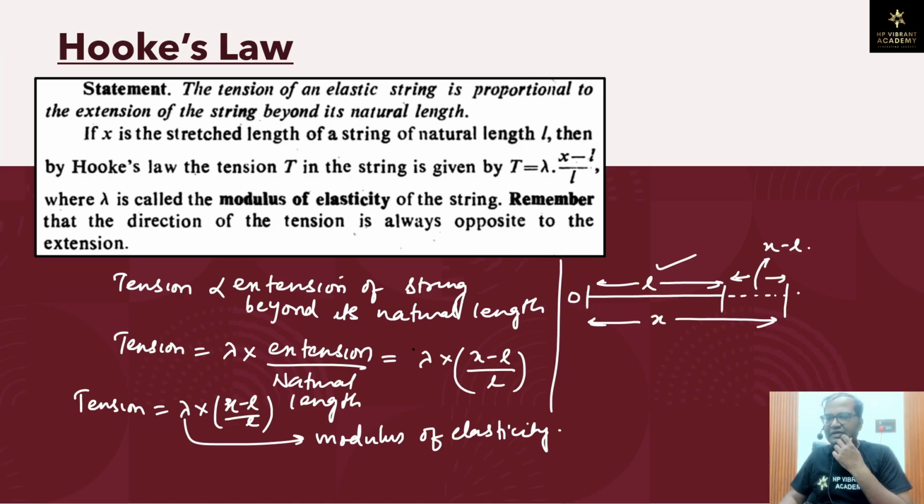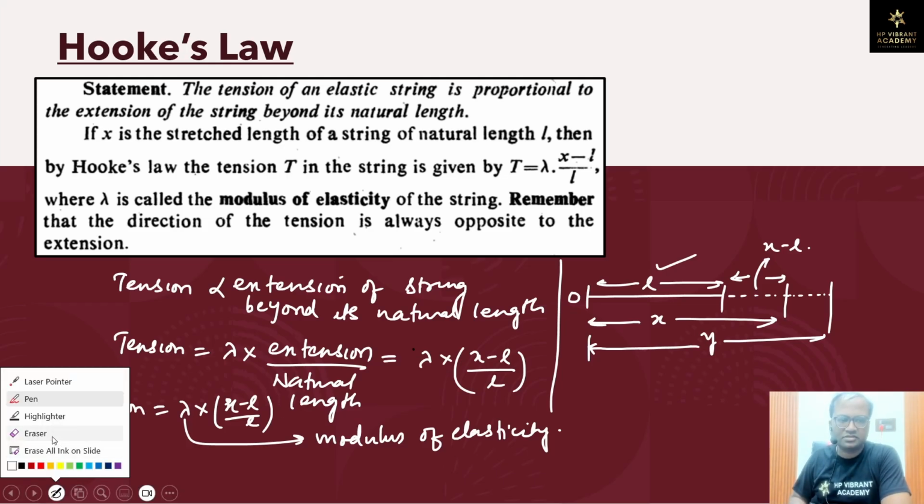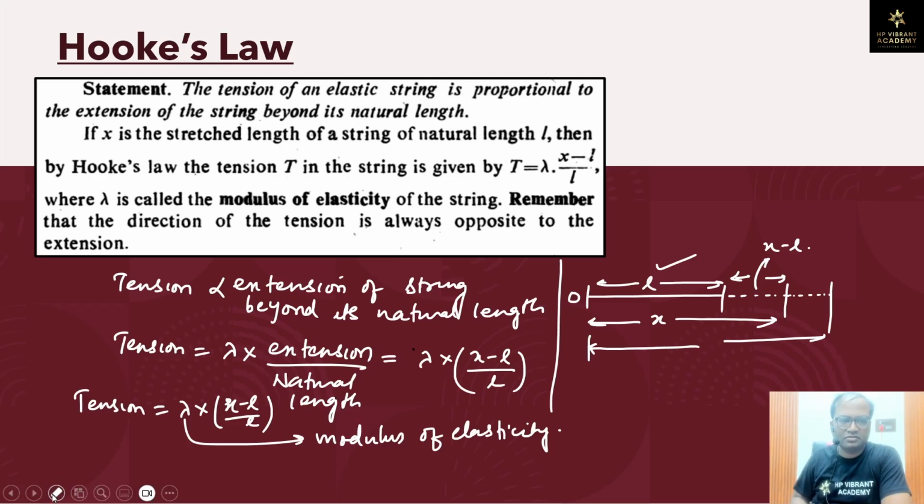Suppose we have to find the tension at this particular point. Suppose it is further extended to a distance of a. What will be our tension at this particular point?